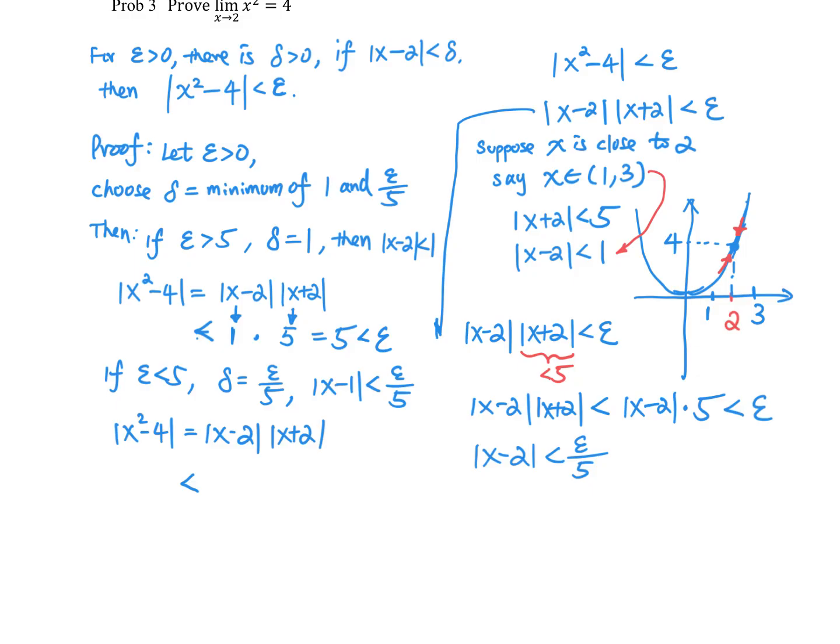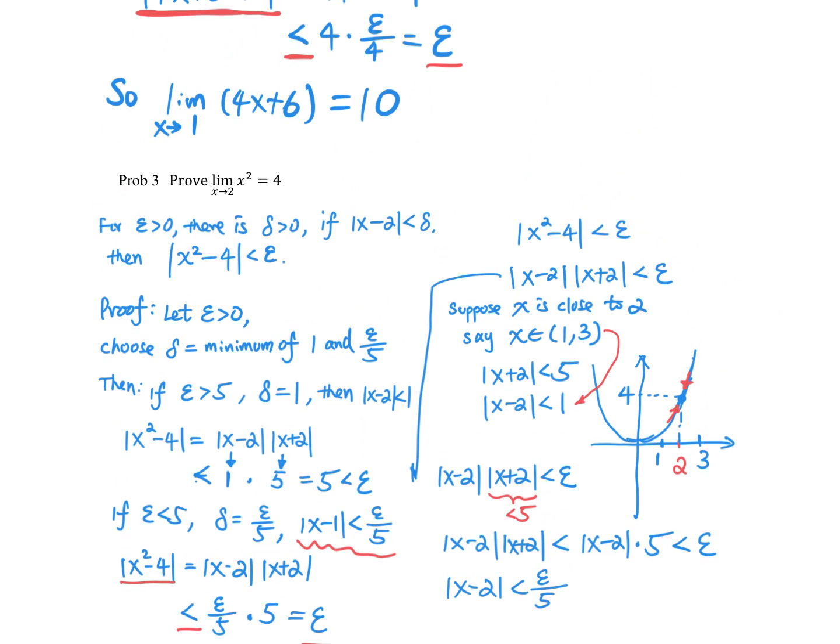And I need that to bound this guy. This is how I bound it: less than epsilon over 5 times, and again, I assume that x is within that, so this is less than 5, which is epsilon.